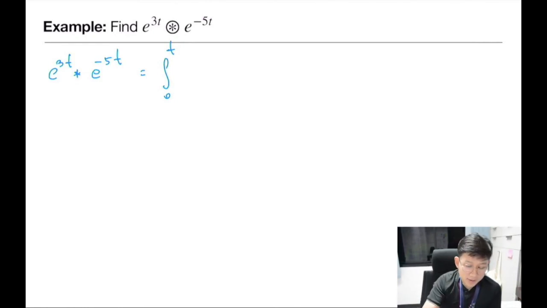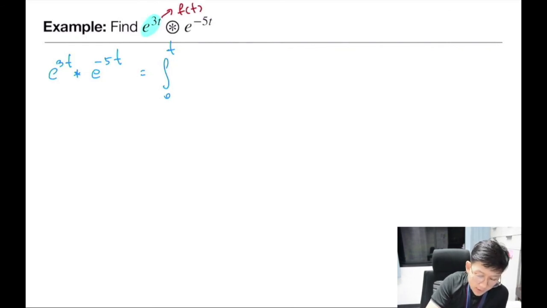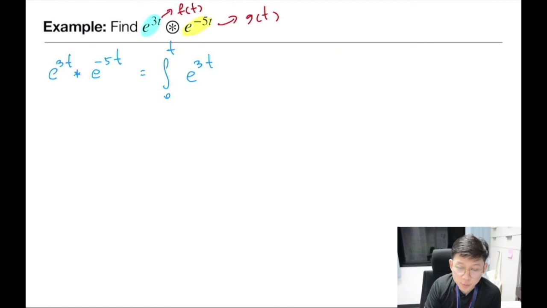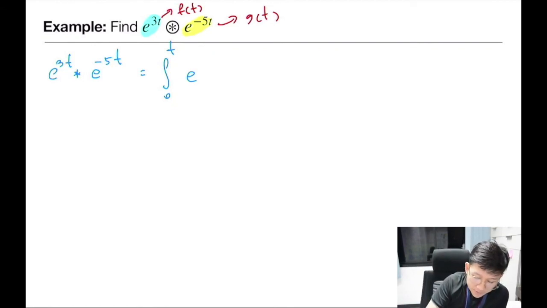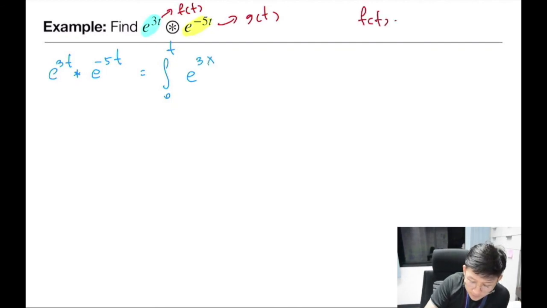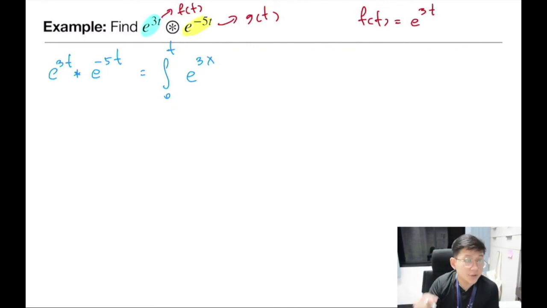We have f(t), which is e to the 3t, so f(x) is e to the 3x.